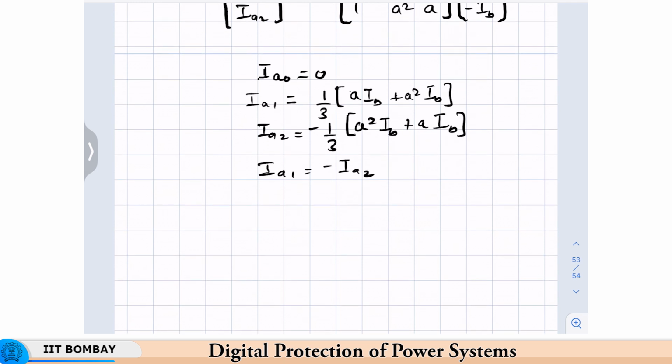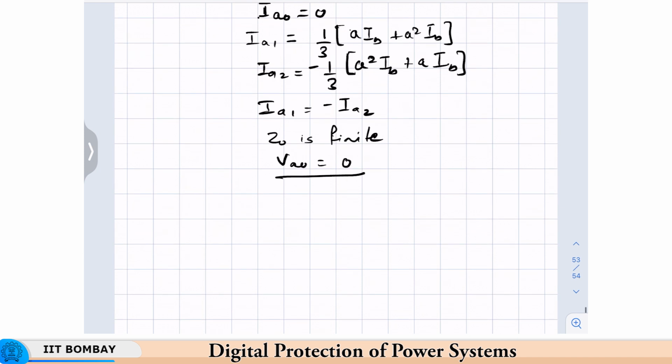Now, since IA0 is equal to 0 and Z0 is some finite value, we have VA0 equal to 0. So, VA0 is equal to 0 and VA1 equal to VA2, which is what we have derived earlier.